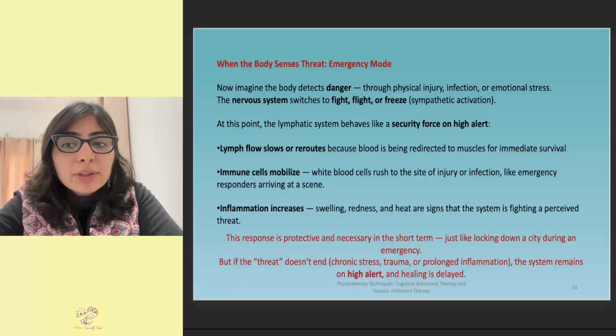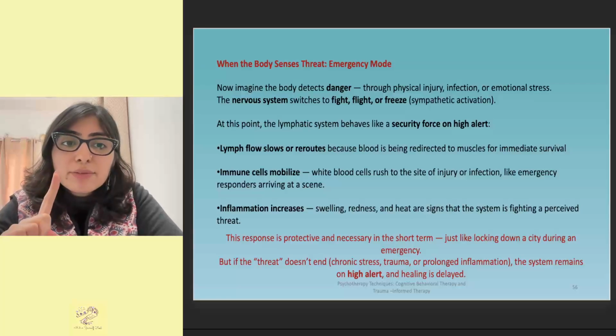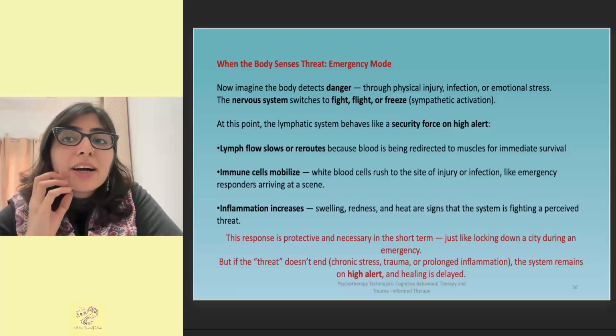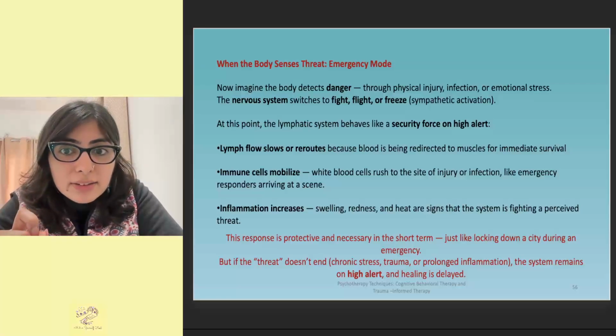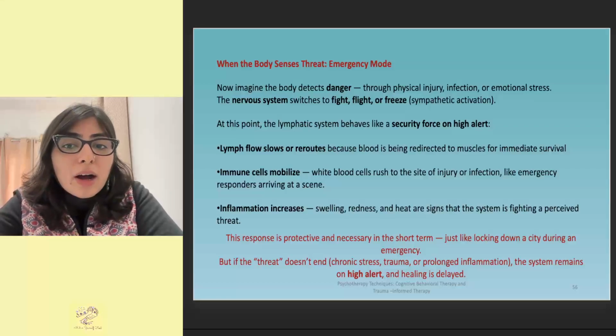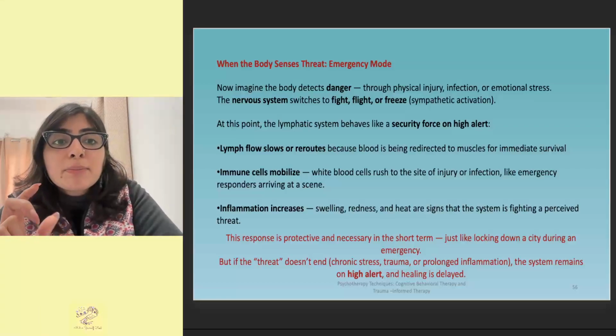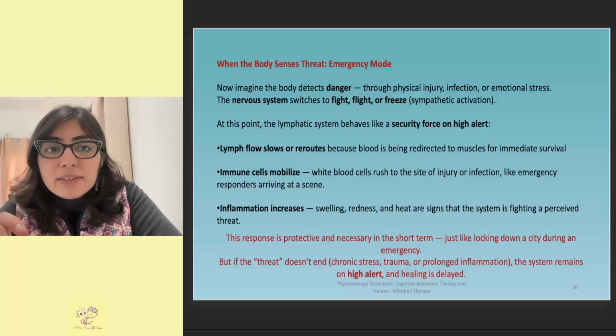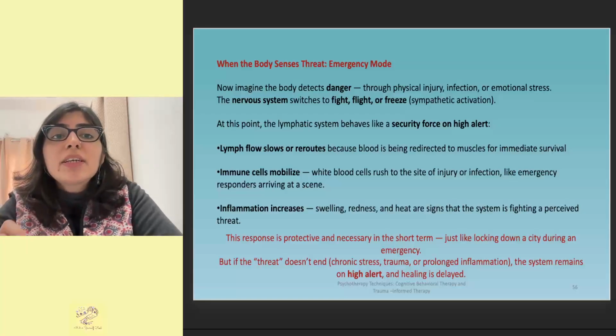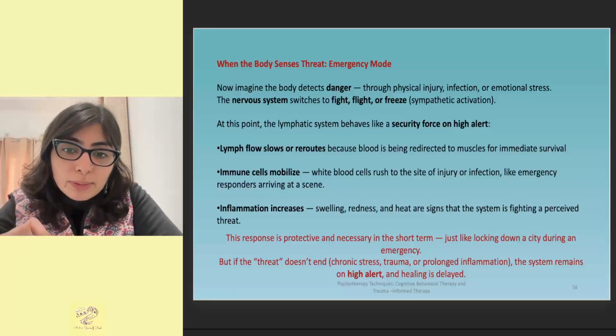Because then we know that the system is fighting a perceived threat, which is why when we are mentally stressed, this is how the mental stress can activate the sympathetic nervous system or the freeze response, which can further influence poor functioning of the lymphatic system.